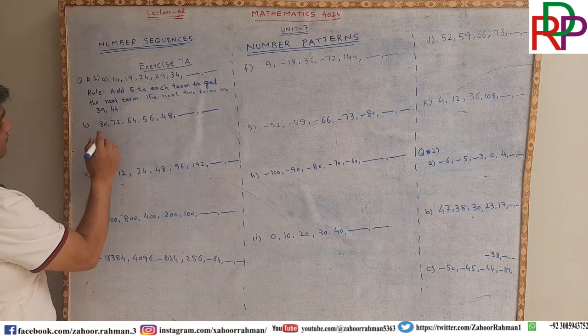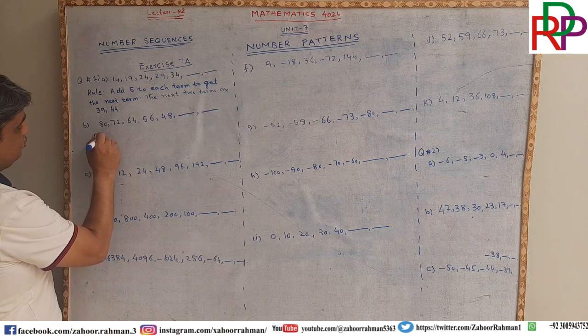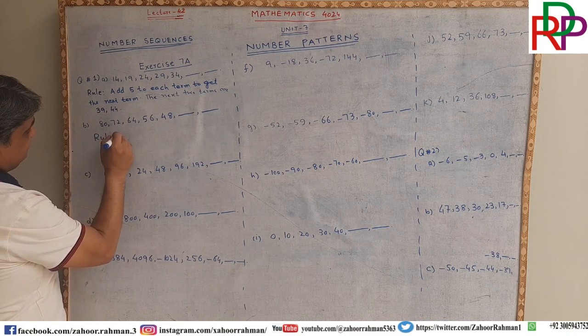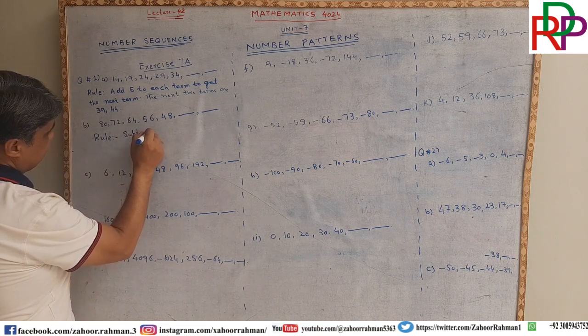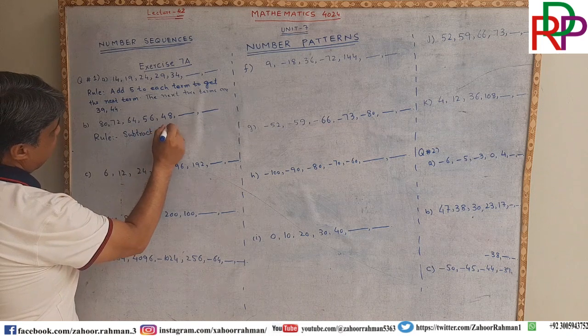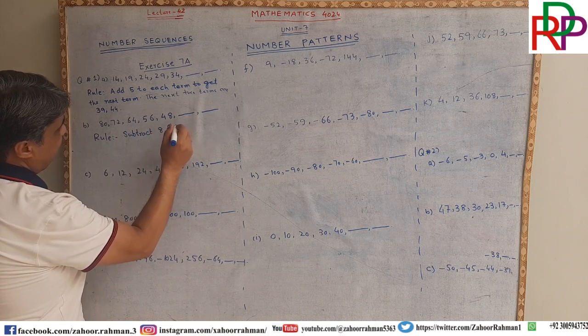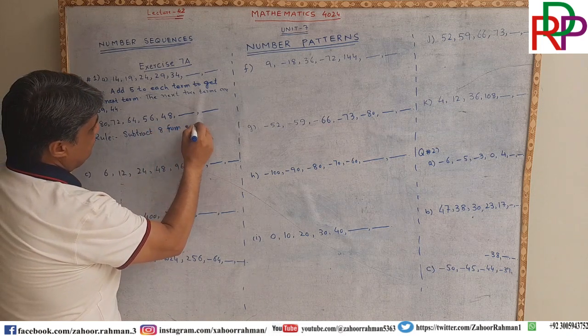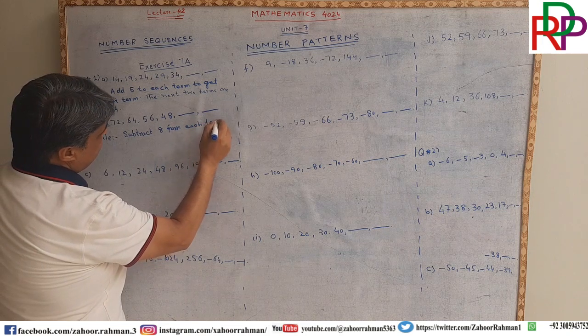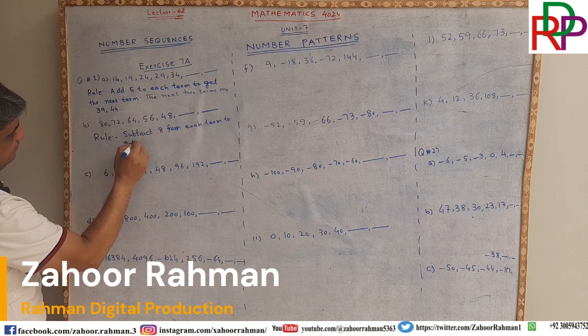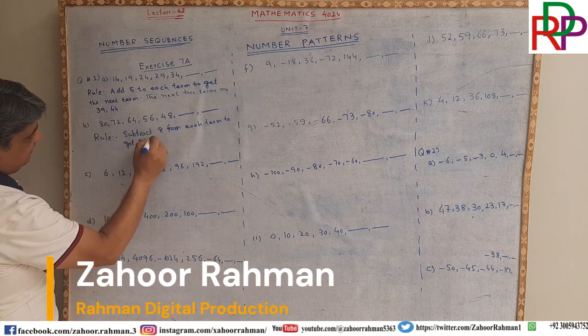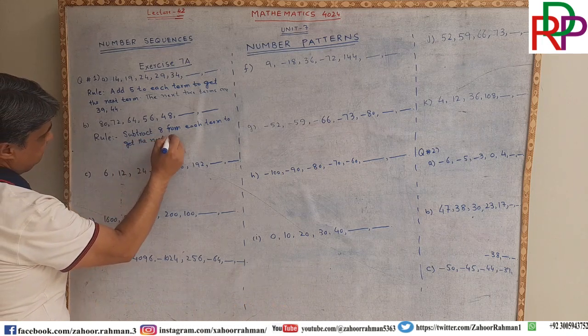So here we write the rule as: subtract 8 from each term to get the next term.